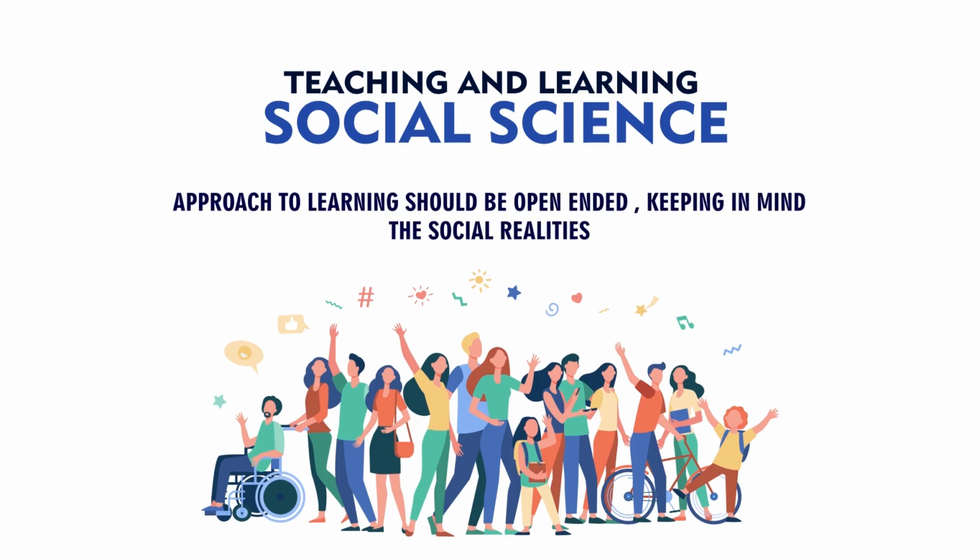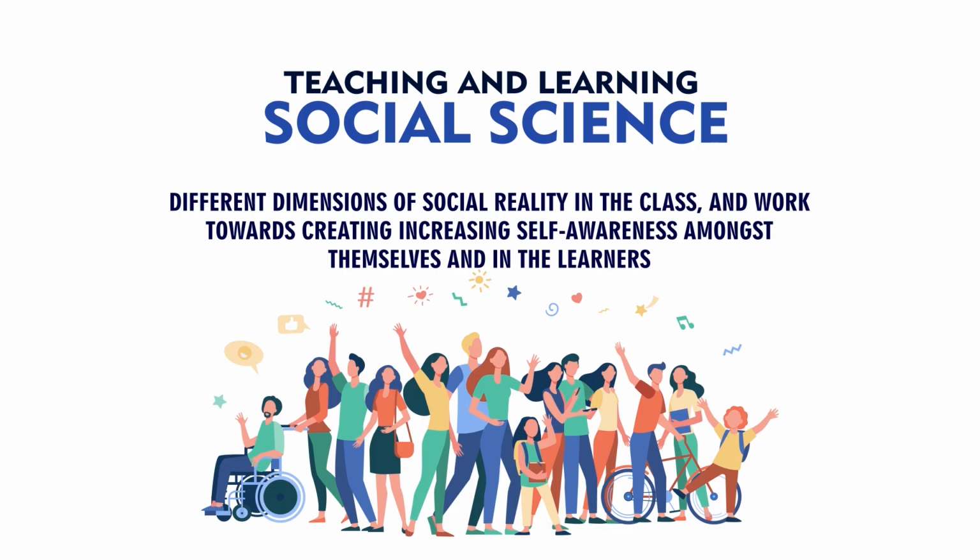The approach to teaching and learning should be open-ended, keeping in mind the social realities. There should not be some kind of a barrier or closedness to whatever you are teaching. One should be open to the different dimensions of social reality which are in the class, discuss them, and work towards creating awareness, self-awareness, towards themselves and society.